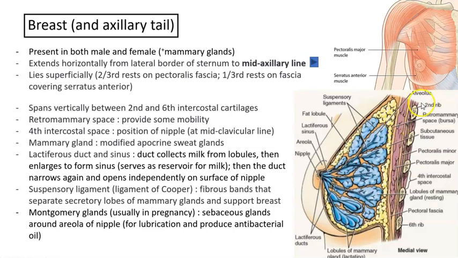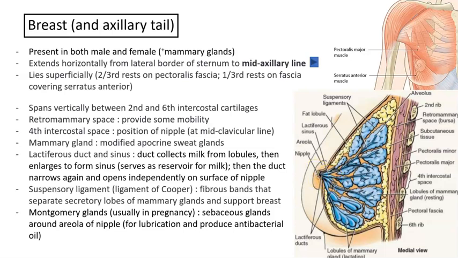Okay, from the picture here you can see it covers from 2nd to 6th rib, intercostal cartilage, and it has a retromammary space which provides some mobility to the structure. The 4th intercostal space is where the nipple is located.